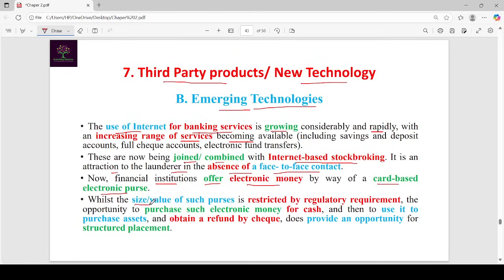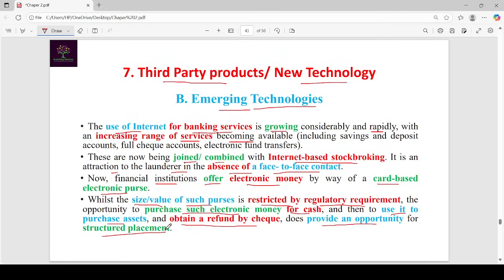Whilst the size or value of such purses is restricted by regulatory requirement, regulatory bodies put restrictions on the size or value of such electronic wallets. So the opportunity to purchase such electronic money for cash and then use it to purchase assets and obtain a refund by check does provide an opportunity for structured placement.